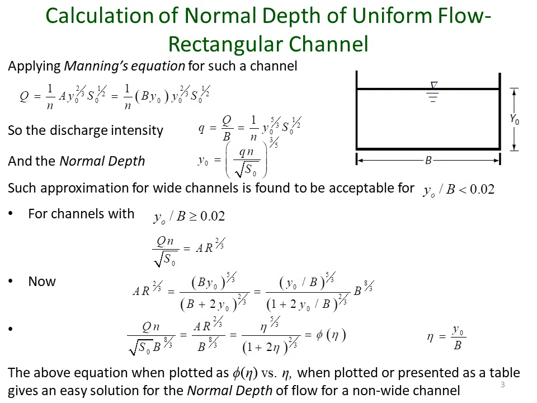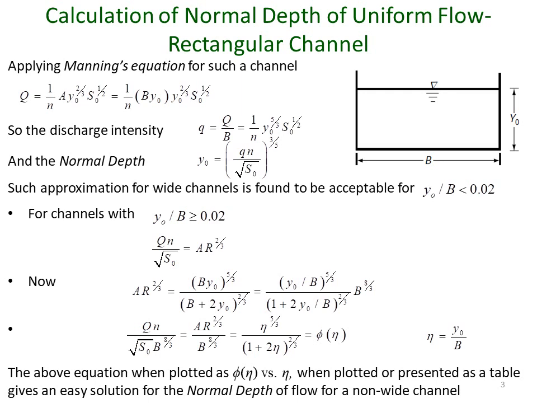For rectangular channels with aspect ratio greater than or equal to 0.02, we have to apply the conventional Manning's equation, and we can write that q into n by root under S naught equals A into R to the power 2/3. That's of course another form of Manning's equation.